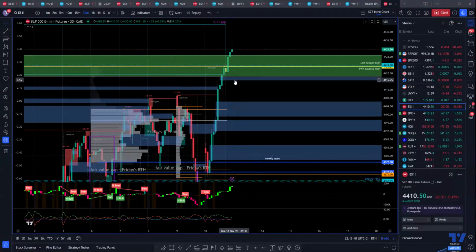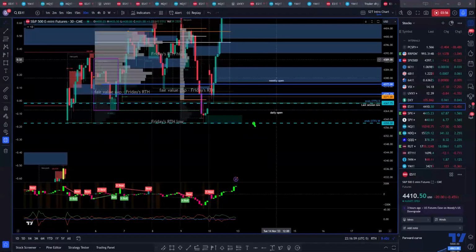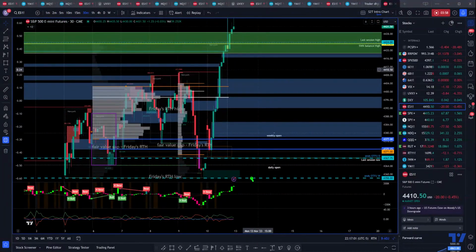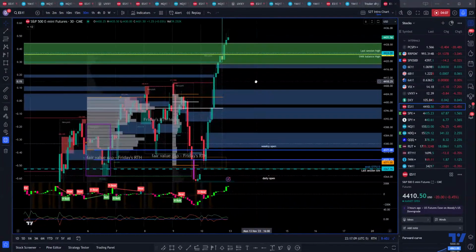This one is a little small, so we'll see what happens here. But I'm looking for this area here to be our weekly pivot. All right, so that's what I would do. We're gonna write that down, and we're gonna use that 4404 as our pivot.